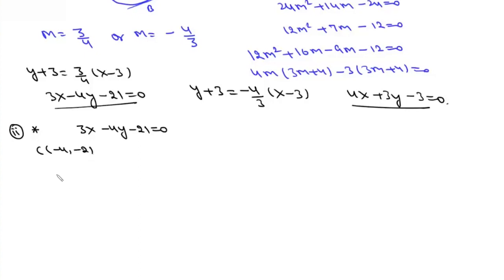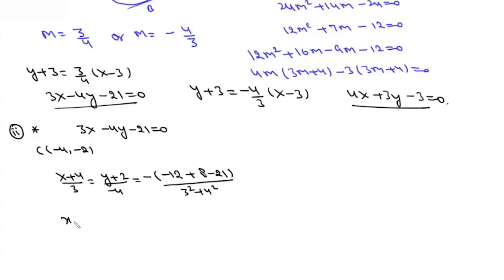Now this is (x plus 4) upon 3, (y plus 2) upon -4, equal to minus of (-12 plus 8 minus 21) upon 3 square plus 4 square.